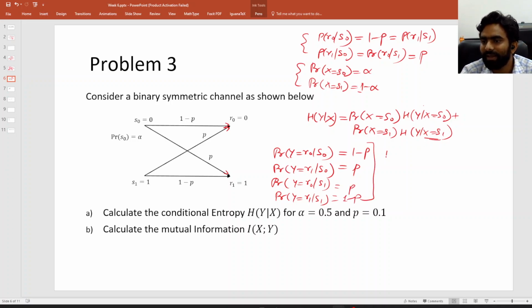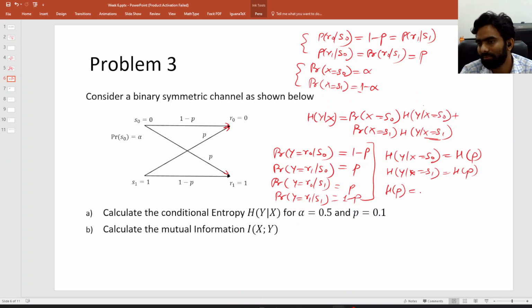So we can write that H of Y given X equal to s naught would be H of p, and which is also equal to H of Y given X equal to s1, which is also H of p. Now what is the H of p? H of p is nothing but p log 1 by p plus 1 minus p log 2 1 by 1 minus p.